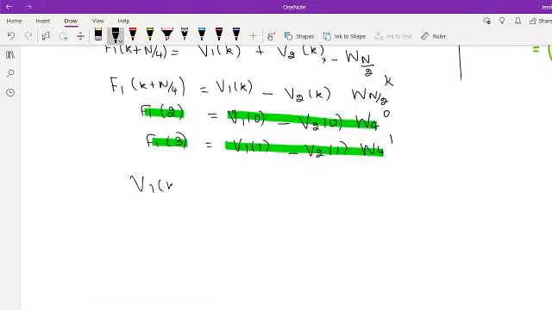V1 of k is equal to, it is N by 4-point DFT. So n is equal to 0 to N by 4 minus 1, V1 of n into W N by 4 power kn. So since it is an N by 4-point DFT, this is N by 4 and this is N by 4. The remaining is a direct replica of the formula.